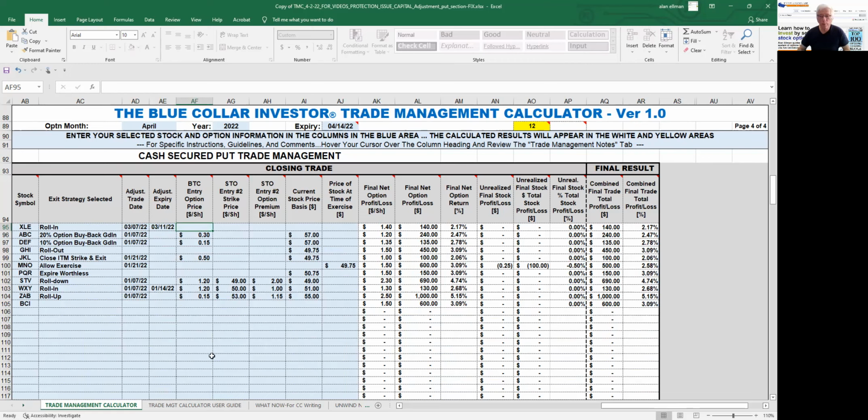It won't apply to monthlies unless we go out 2 or 3 months, which I generally don't advise, and roll it into the earlier month. So this applies mostly to weeklies, but listen, if we can avoid a risky event and maybe keep from losing a lot of money, then it should be a tool in our arsenal. We may not use it every day, but it still should be a tool in our arsenal.